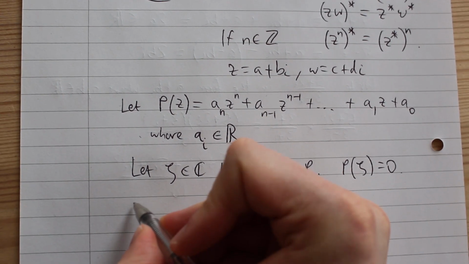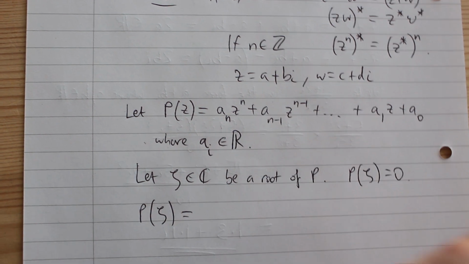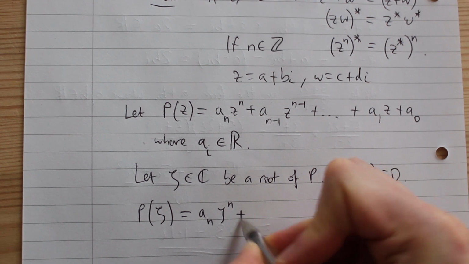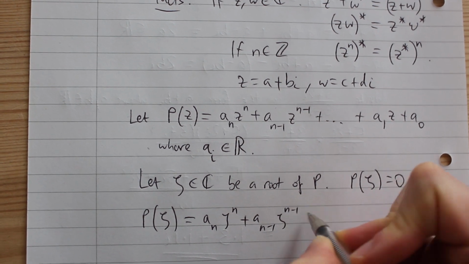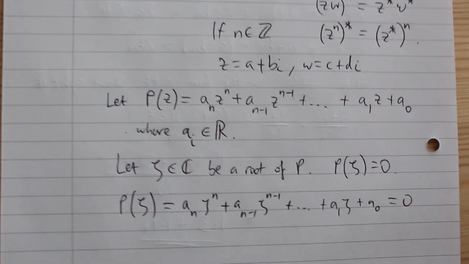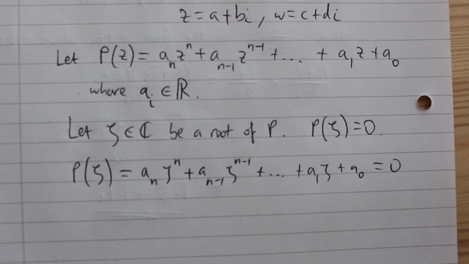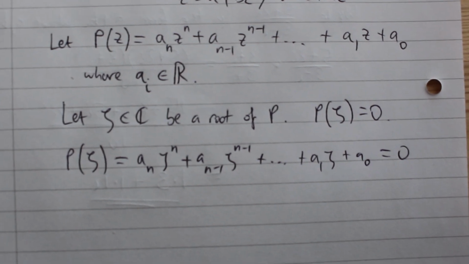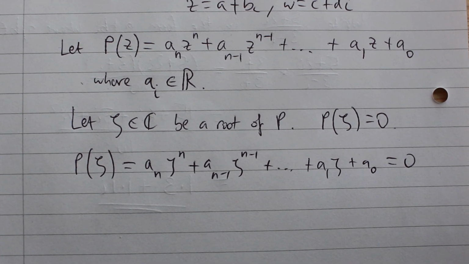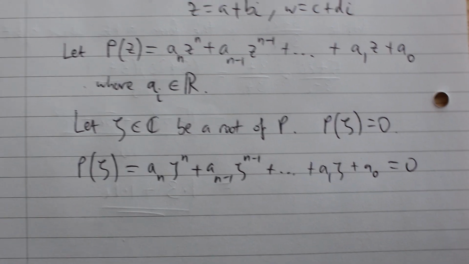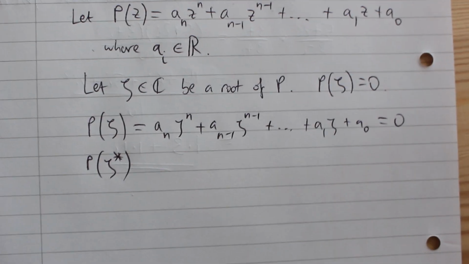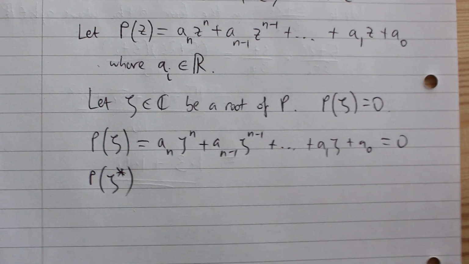So we know p of zeta is a_n zeta to the n plus a_{n-1} zeta to the n minus 1, all the way down to a_1 zeta plus a_0. This is 0. And now we want to show that zeta star, if we put that into p, we'll also get 0. So let's have a think about p of zeta star, the conjugate of zeta.